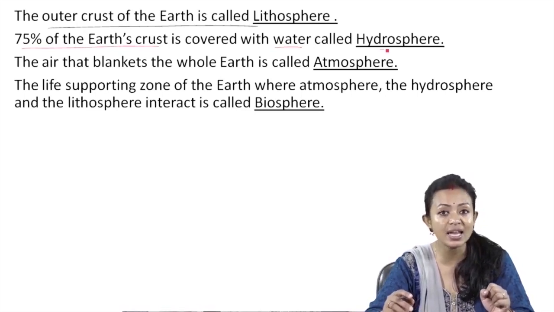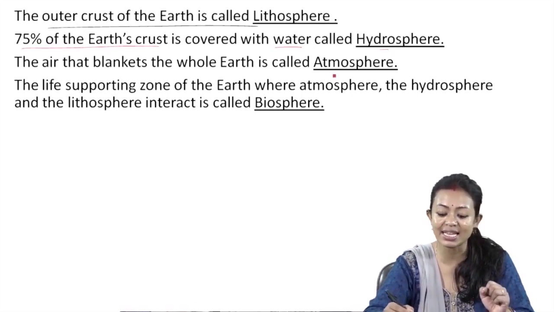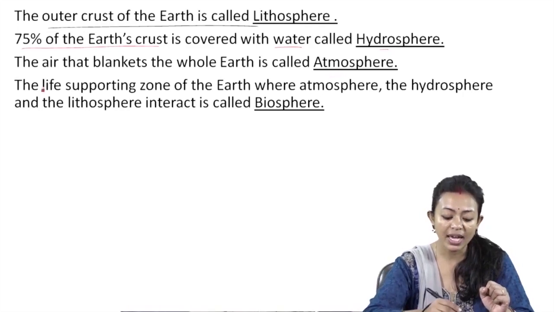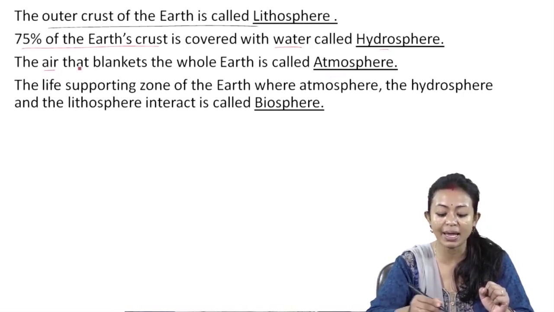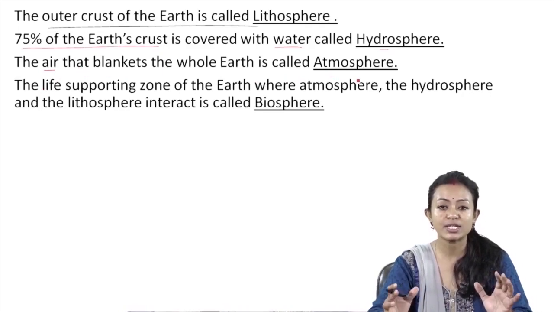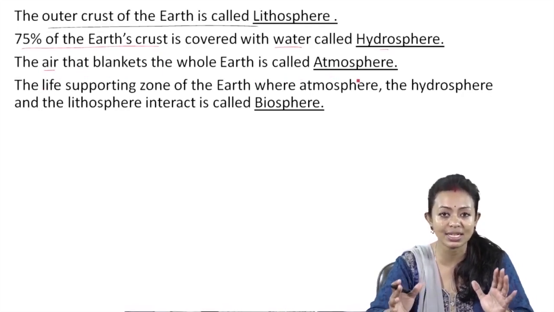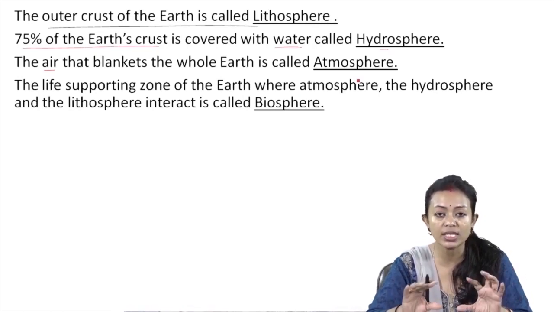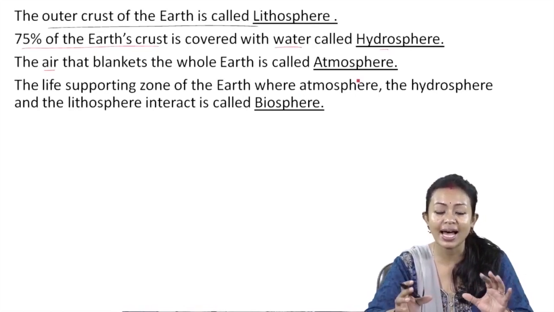Next we have another blanket of air surrounding the Earth, and we term it the atmosphere. So the air that blankets the whole Earth is termed the atmosphere. So we have three important sections that make up the Earth: the atmosphere, the solid crust or lithosphere, and the water bodies, the hydrosphere.